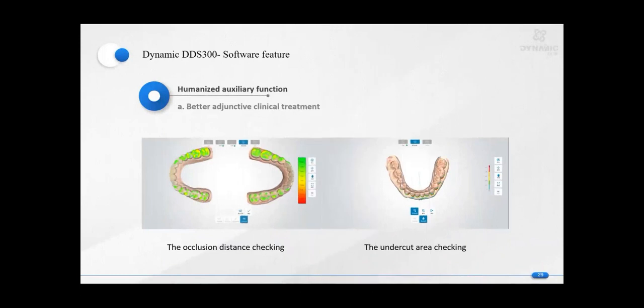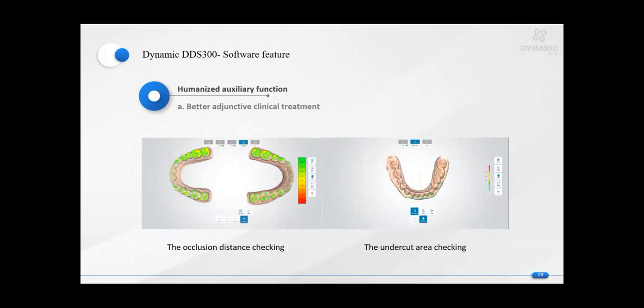The humanized auxiliary function can better assist doctors in judging uncertain situations in treatment, especially less experienced doctors. We know that different prosthetic materials have different requirements for the space for tooth preparation.